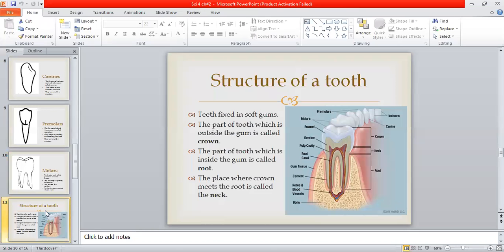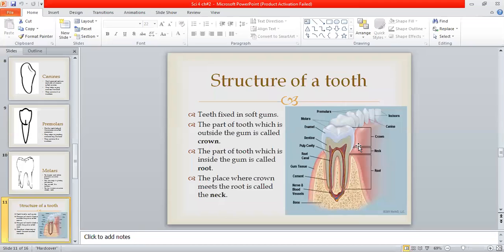Now moving forward to the structure of a tooth, how it is formed. Here, where my cursor is moving, the reddish area in which your teeth are embedded is known as the gum. This area is a soft gum, and the part of the tooth which is outside the gum is called the crown. It is the part that is visible when you see your teeth in front of the mirror.